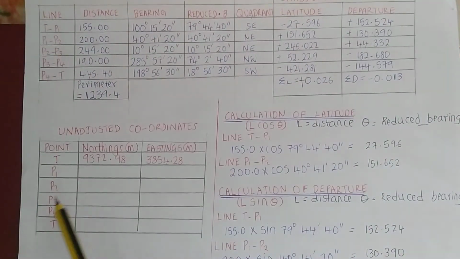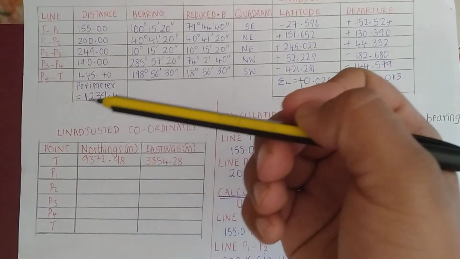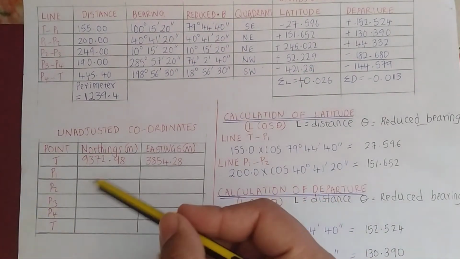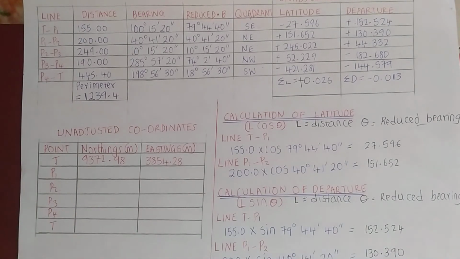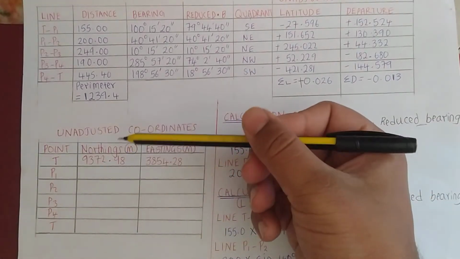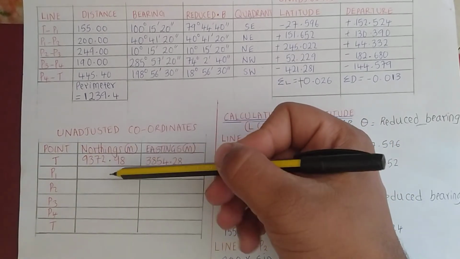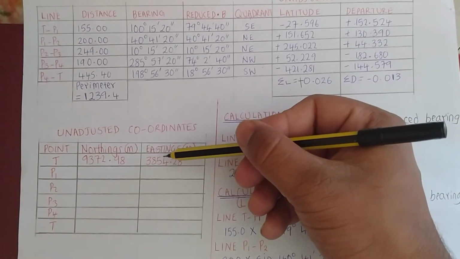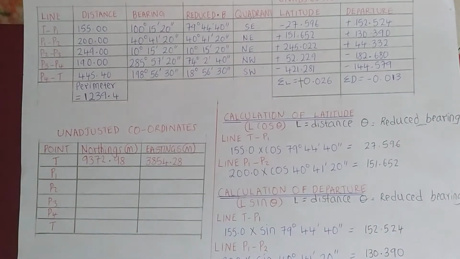These are our adjusted coordinates. We have a column of points, northings and eastings. I'll show you how to calculate the coordinates of P1, P2, P3 and the others. We are given that point T had a northing of 9372.98 and an easting of 3854.28.